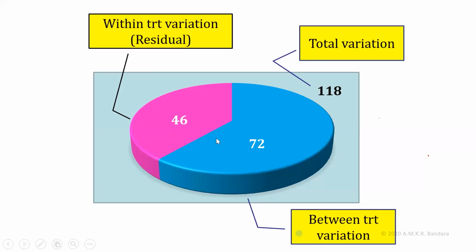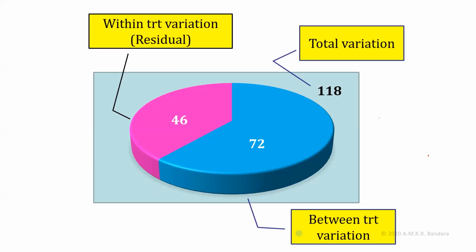So this data we got from a sample, that is we used only 12 animals. So this variability we calculated using this sample data. We don't know the situation in the population of this treatment.